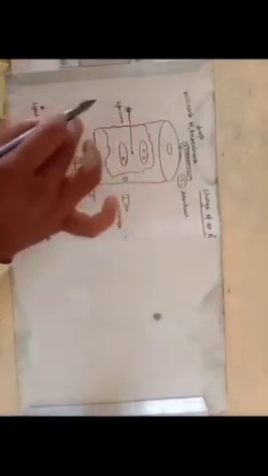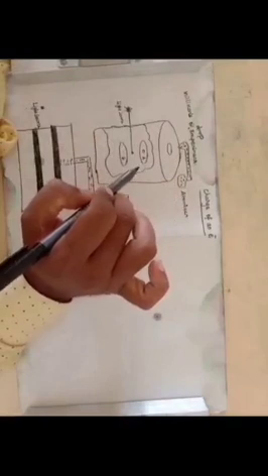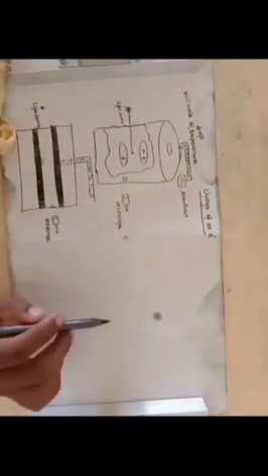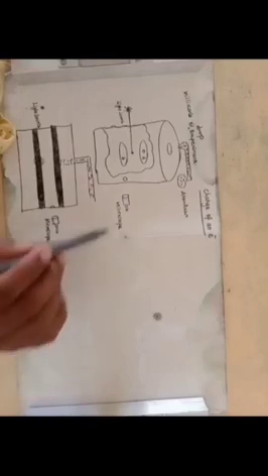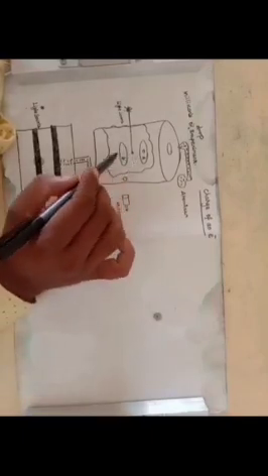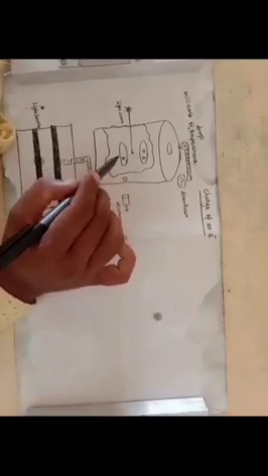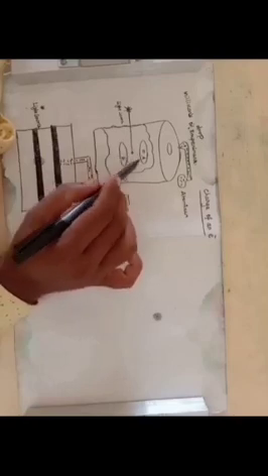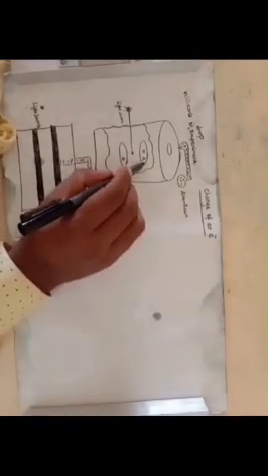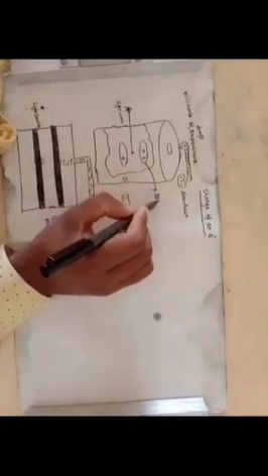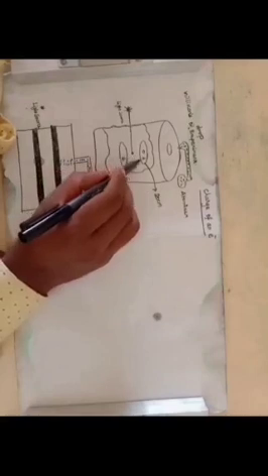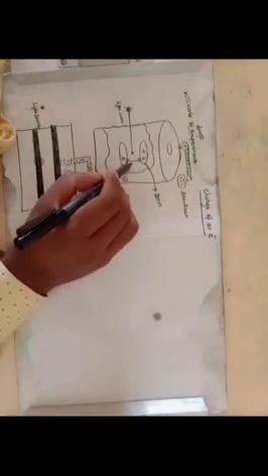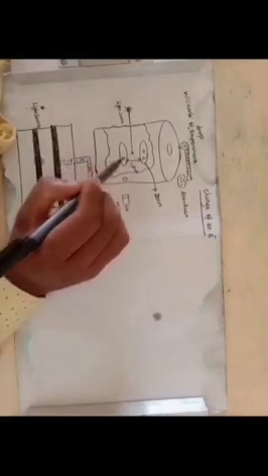So the experimental arrangement of the Millikan oil drop experiment is given in the figure. It consists of two horizontal metallic plates A and B, each having a diameter of around 20 centimeter and separated by a distance of 1.5 centimeter.